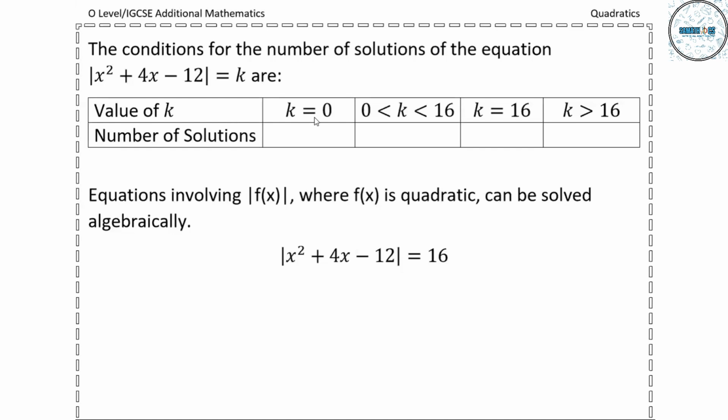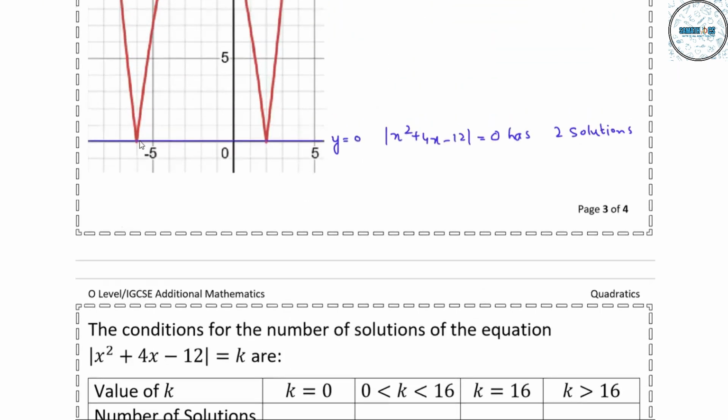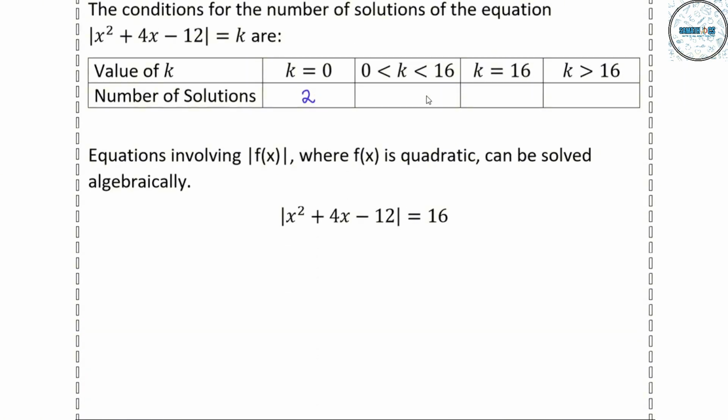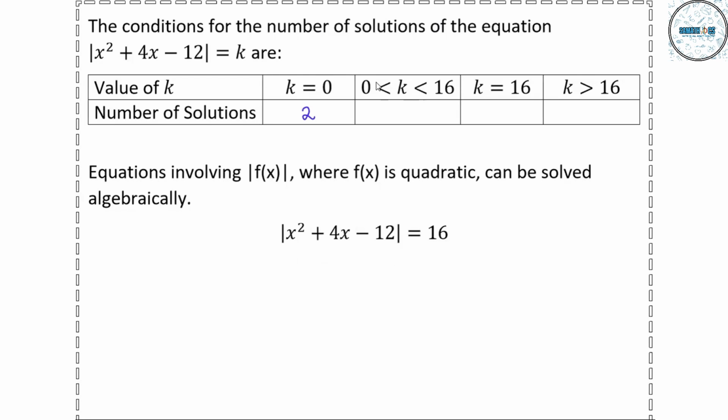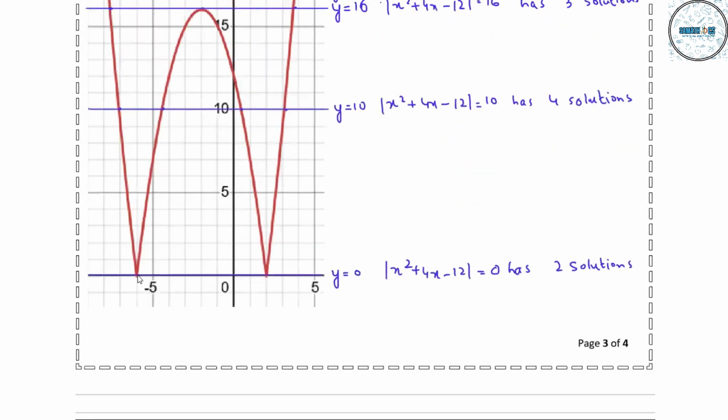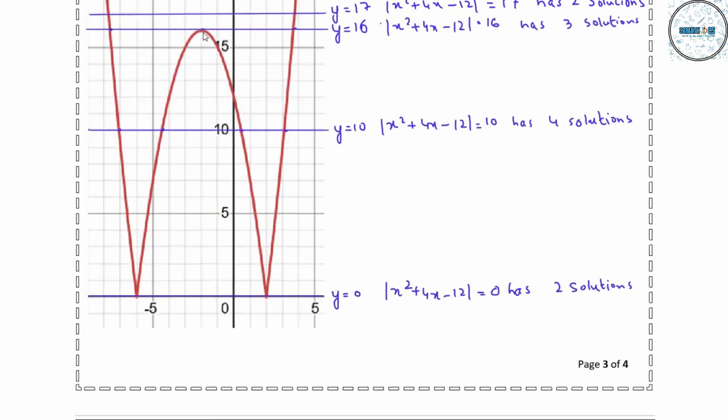When the value of k is 0, then the number of solutions is 2. When the value of k is in between 0 and 16, it means greater than 0 and less than 16, then at every point, the graph will intersect that line at 4 different points.